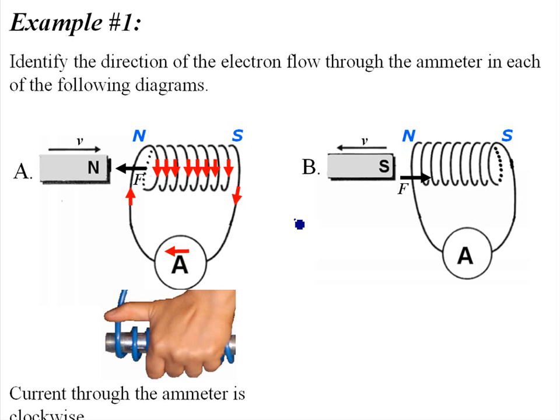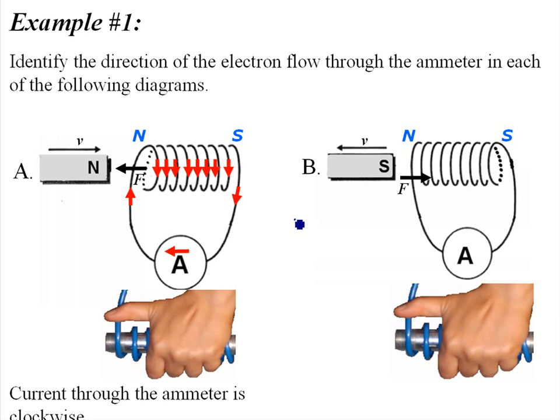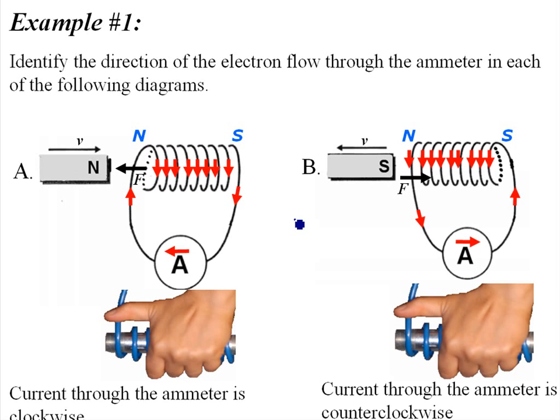Again, point your thumb in the direction of the north pole, your fingers curl in the direction of the current, and in this case, because the coil's orientated a little differently in this diagram, your current still comes down on the front, but when you trace the current, it now moves counterclockwise, or from left to right.